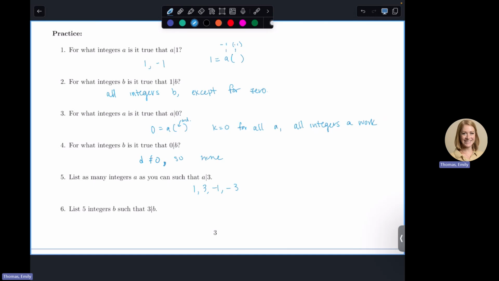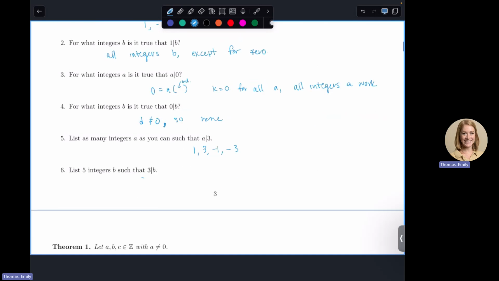How about 5 integers where 3 divides B? 3 works. 6 works. 9, 12, 15. Sweet. I was only supposed to list 5, Janaya. I started at 6. I don't know why. Oh, well, then you should list 18. Go ahead and do that.